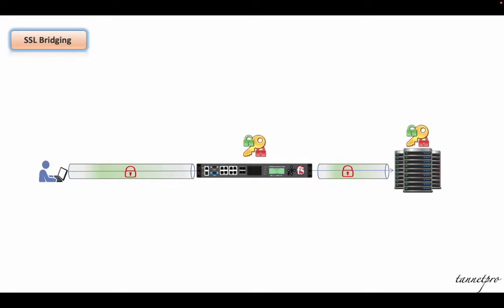So now the end-to-end communication is in encapsulated form. Earlier, server to F5 was not encapsulated. It is insecure, you can also say. In that case, SSL bridging is needed. Here we'll configure the SSL bridging, right?